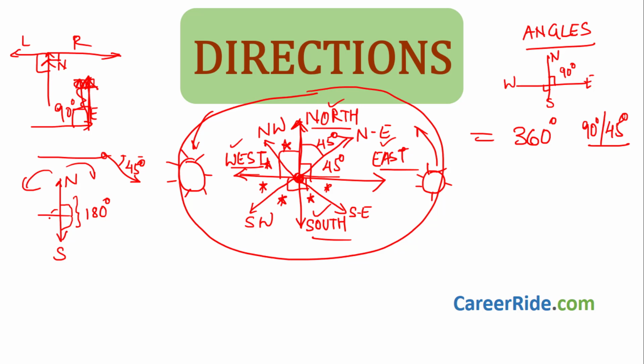So whenever a person makes a 180 degree turn, the person will face the opposite direction. So if I am going east and I take a 180 degree turn, I will face west. This is east, this is west, this is 180 degrees. See how easy these concepts are?